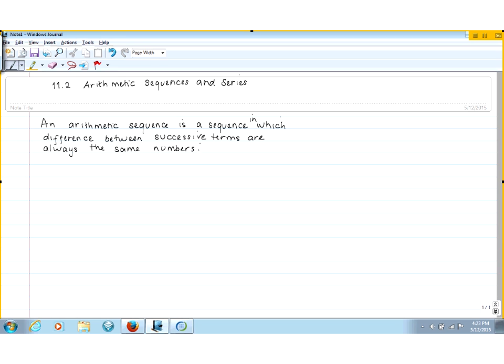Okay, so it's always the same number, and the difference is called the common difference. So, examples of arithmetic sequences.